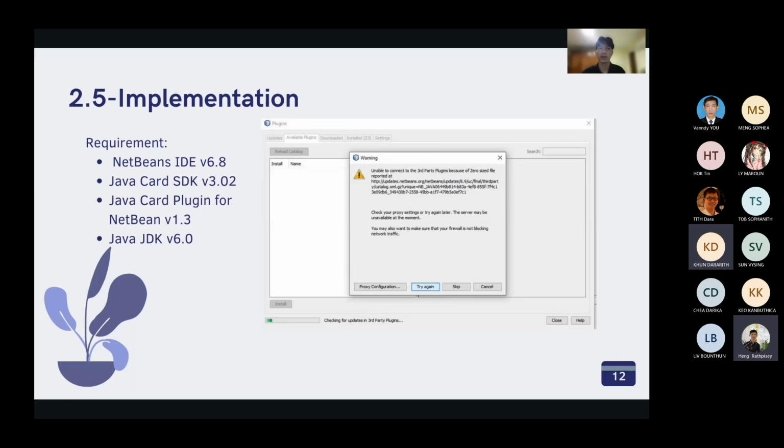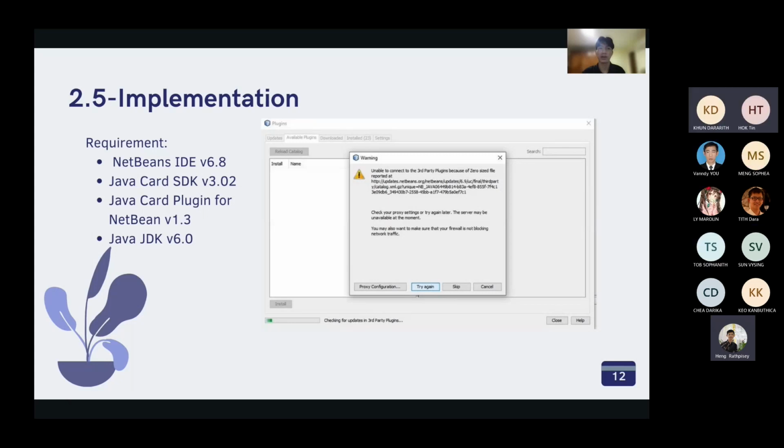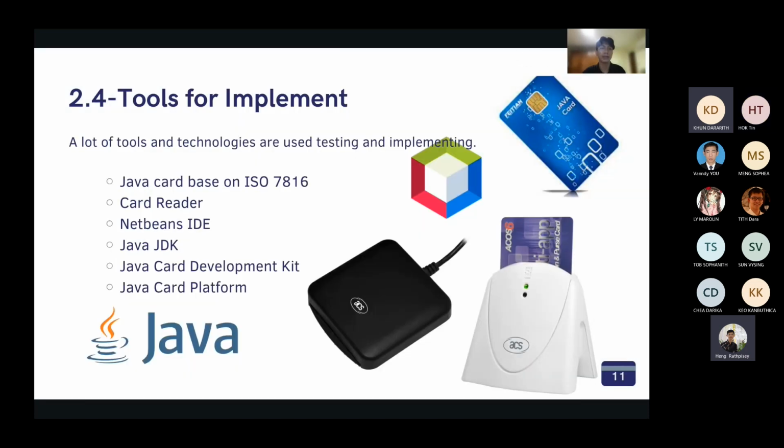Also, Java JDK nowadays is version 17, but they require Java JDK version 6. So I'm afraid that it doesn't work well with this process, but I will try to work more on it.